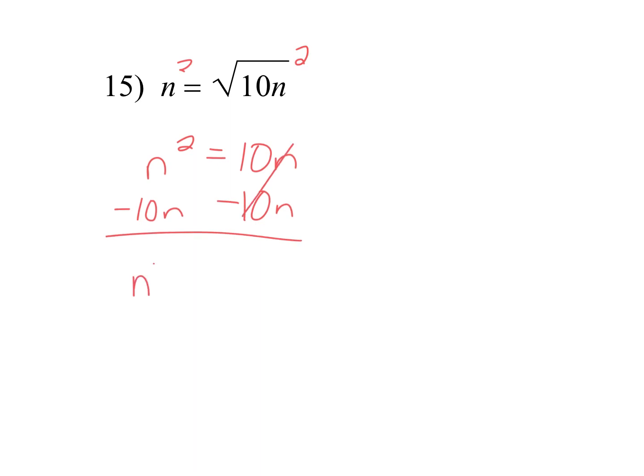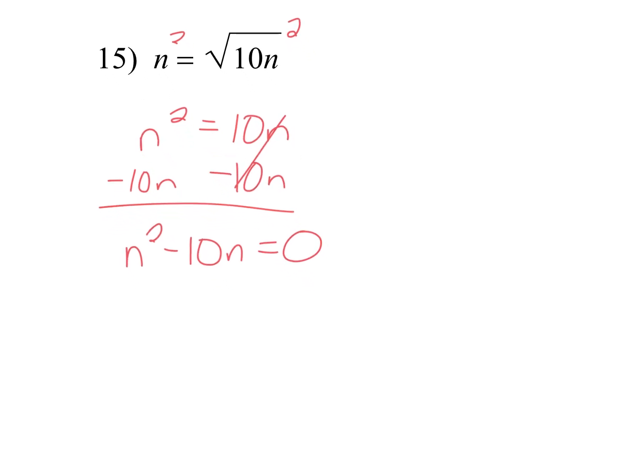So I have n squared minus 10n equal to 0. Ideas on what to do from here? Can we do what multiplies and what adds to? No, because what are we missing?